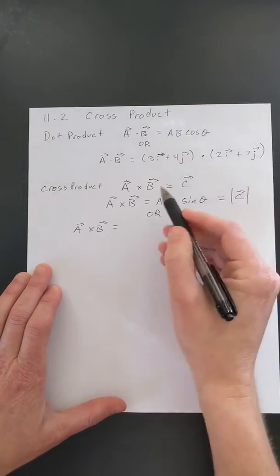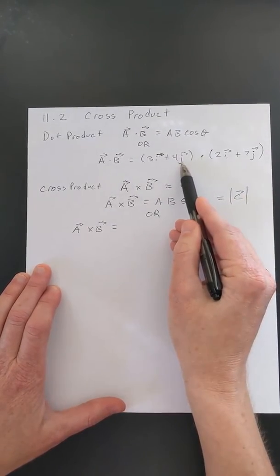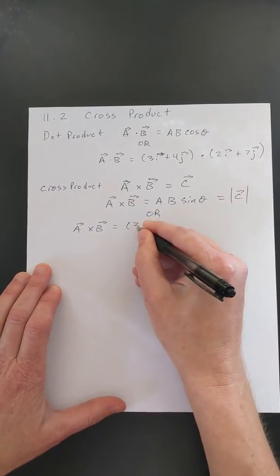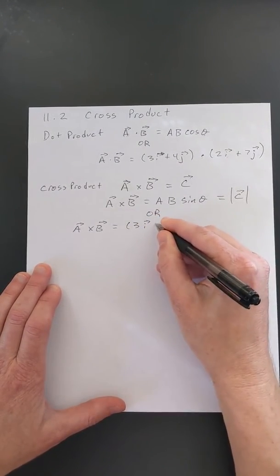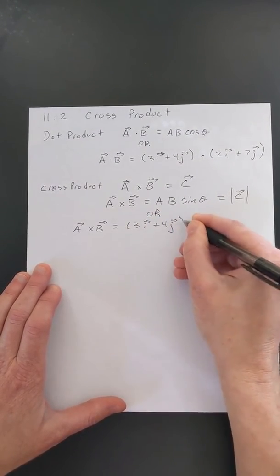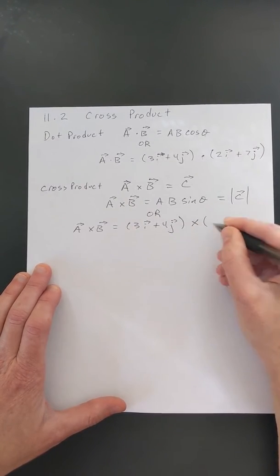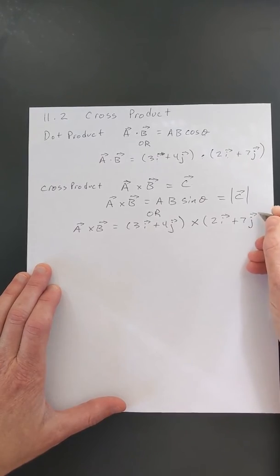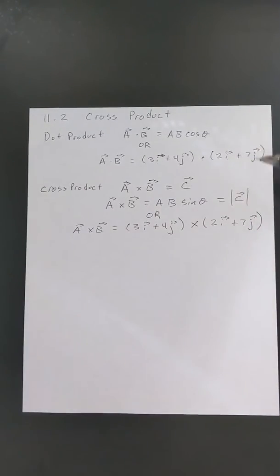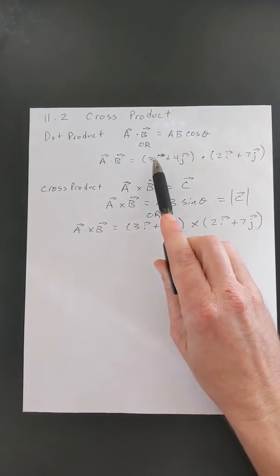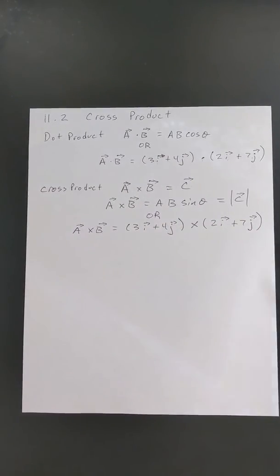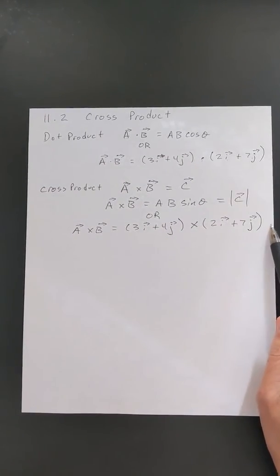So let's say A is 3I and 4J, B is 2I and 7J. So you would still do 3I plus 4J, but then cross it with 2I plus 7J. See, either way, you're foiling. You're just going to do this term times that term, this term times that term, and then add up all those results. You do the exact same thing down here.